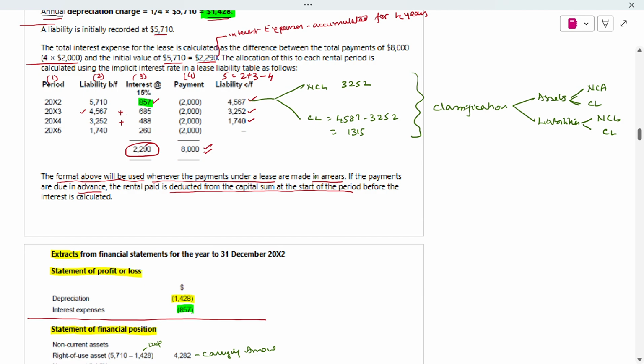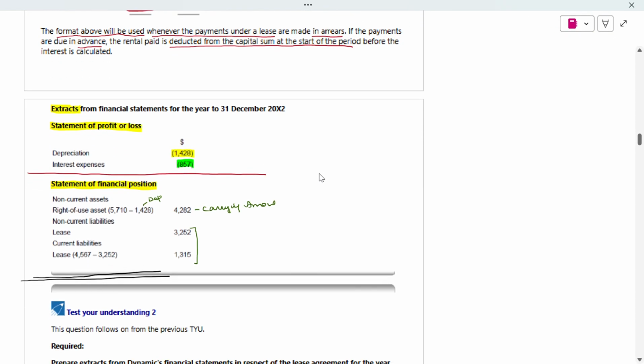Classification is very important. They will test it. You should be very clear: what we are going to pay in the next 12 months is the current liability after the reporting date. Are you clear about this?